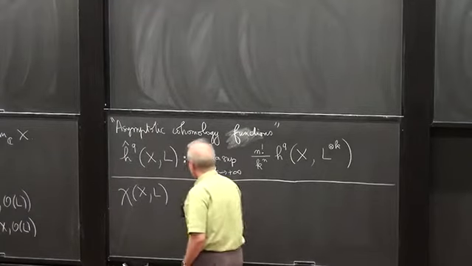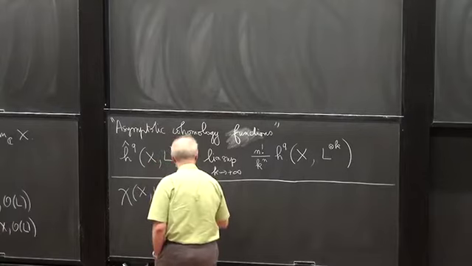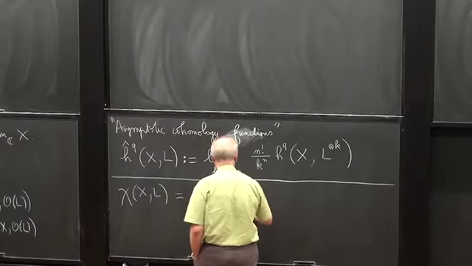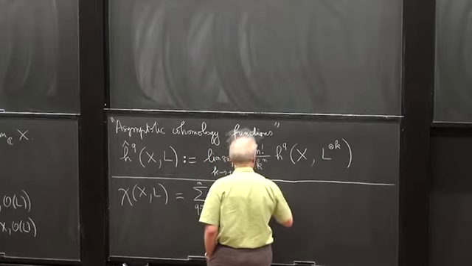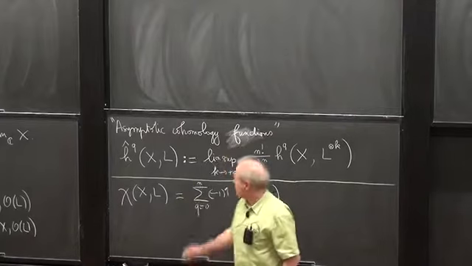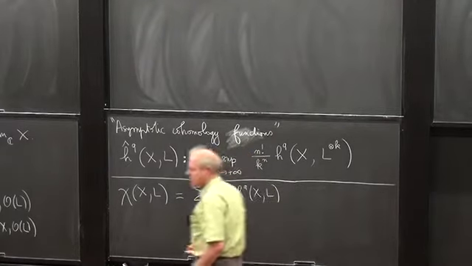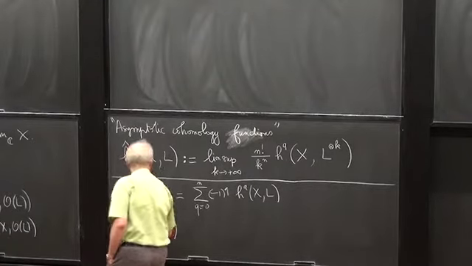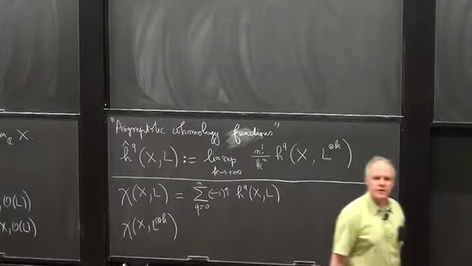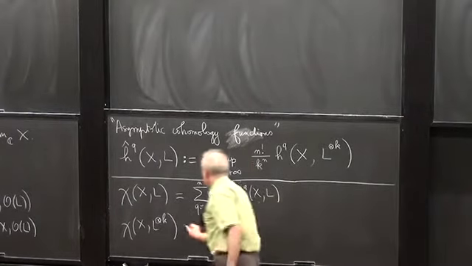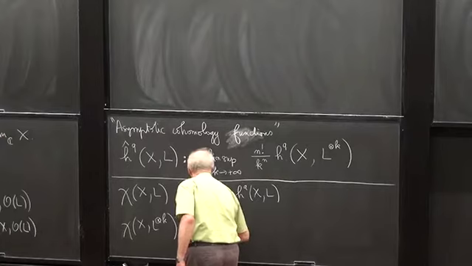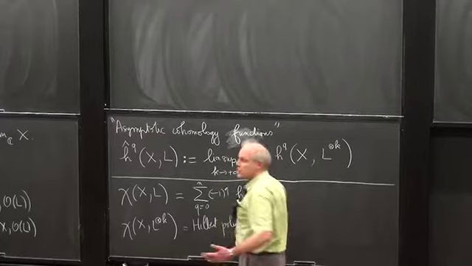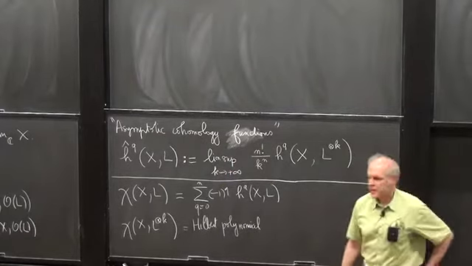Of course, if you look at the Euler characteristic, things become much simpler. The Euler characteristic is just by definition the alternate sum of dimensions. And then it is well known that if you look at the k-th power here, you get a polynomial, the so-called Hilbert polynomial. It can be computed by the Riemann-Roch formula.